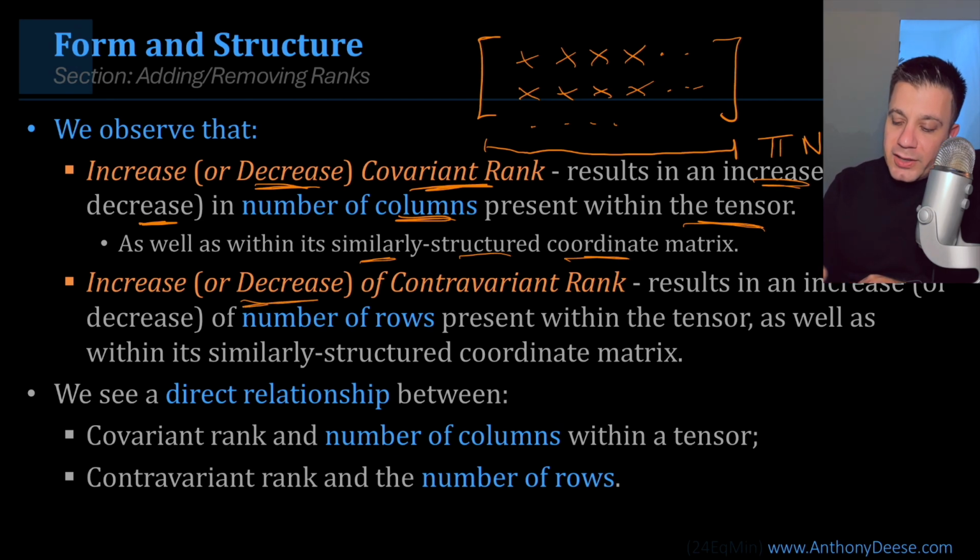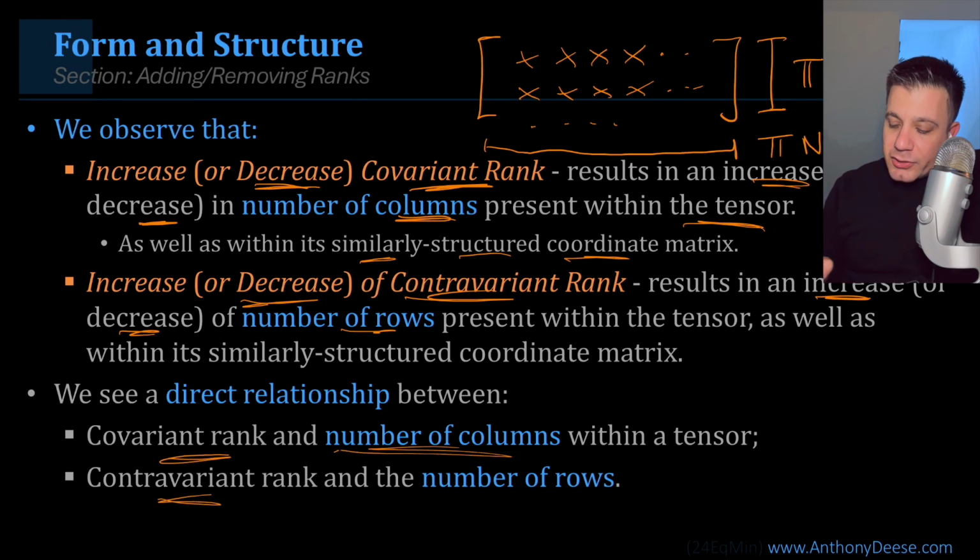Now, if we increase or decrease the contravariant rank, it results in an increase or decrease in the number of rows present within the tensor, as well as its similarly structured coordinate matrix. So if we're looking at the number of rows, this would be the product of n out 1, 2, 3, and so on. So we see a direct relationship between the covariant rank and the number of columns within the tensor, and the contravariant rank and the number of rows.